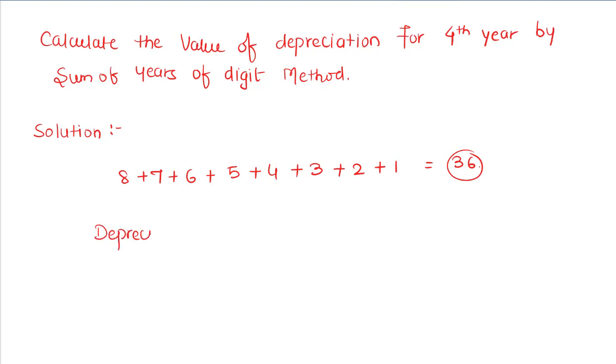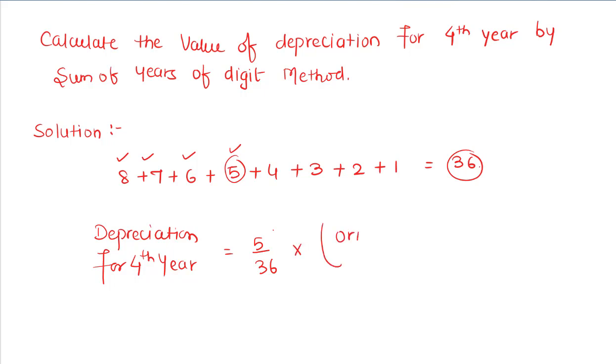So write depreciation for fourth year equals 5 by 36 multiplied by original cost minus residual value, that is scrap value, which is given in the question, 4,000.